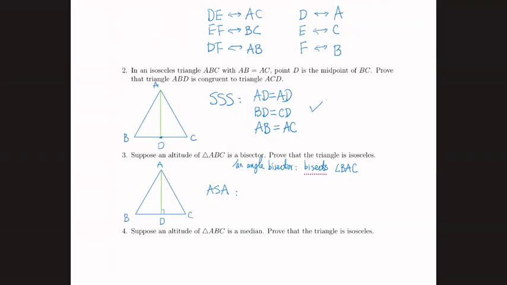The side is AD, and then the angles are BDA, CDA, BAD, and CAD. Okay. These two angles, why are they the same?